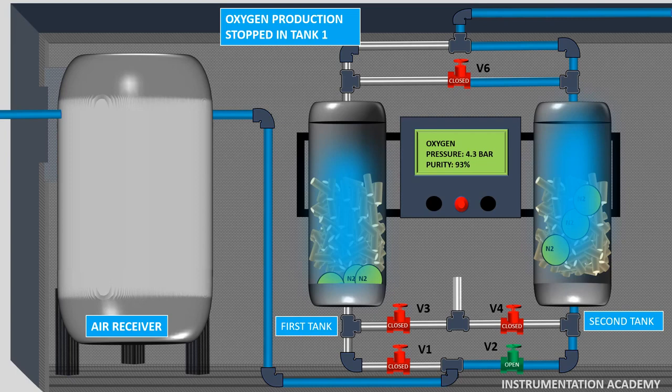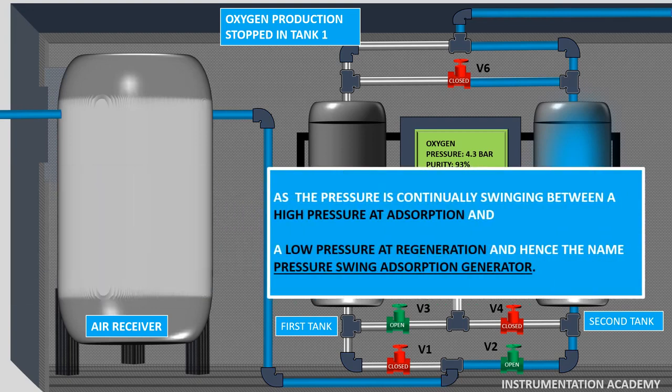This released nitrogen is vented out from the system through valve V3 and the zeolite becomes regenerated. By doing that, the system makes room for new nitrogen molecules to attach to the zeolite in the next adsorption phase. These operations are alternately repeated in both the tanks and the pressure is continually swinging between a high pressure at adsorption and a low pressure at regeneration, and hence the name pressure swing adsorption generator.